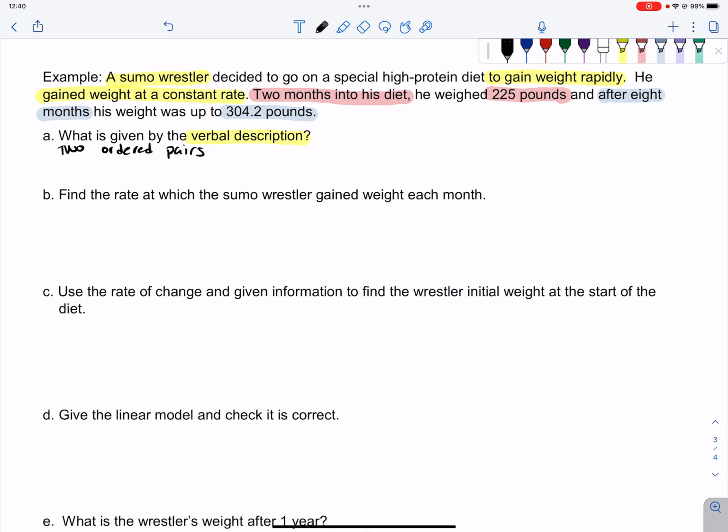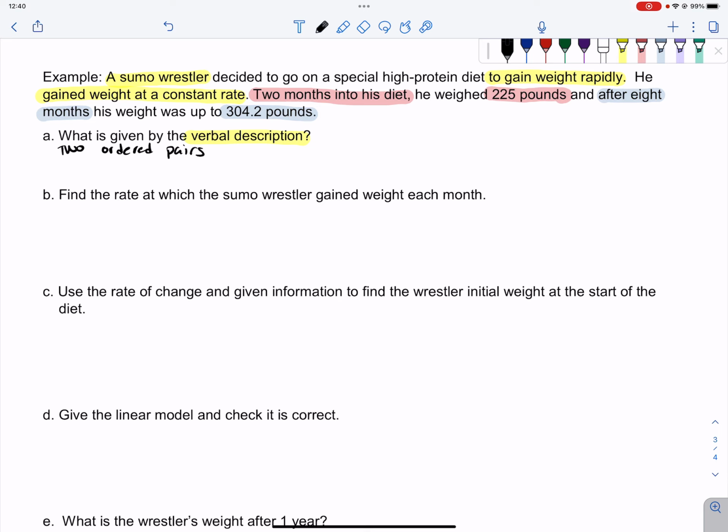And we need to also figure out what our independent and dependent variables are, so we know which to call X and which to call Y. With this, the months is going to be the independent variable, because that's not something he can control at all.